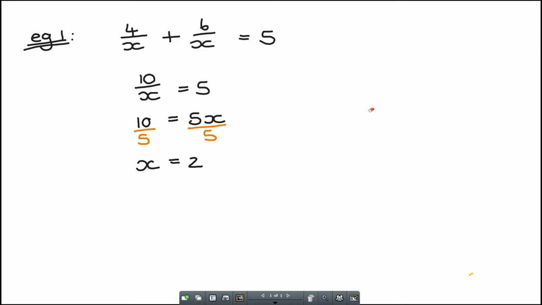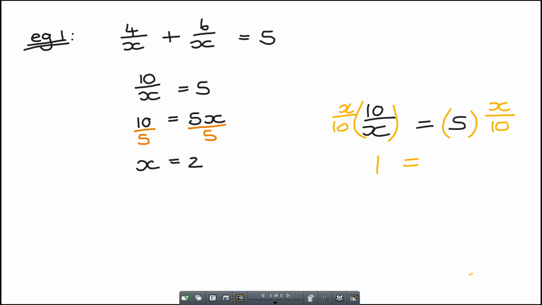Oh, well, let me go again. That was equal to 5. And then you want to multiply it with x over 10. And this side, x over 10. Oh, okay. Then it's 1 is equal to 5x over 10. Okay, and then 10 is equal to 5x.